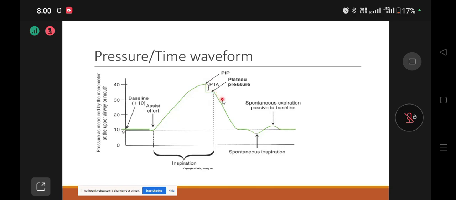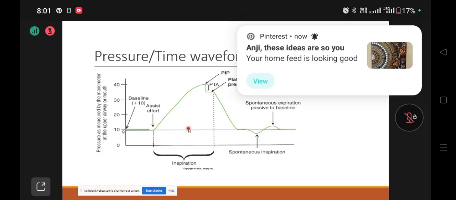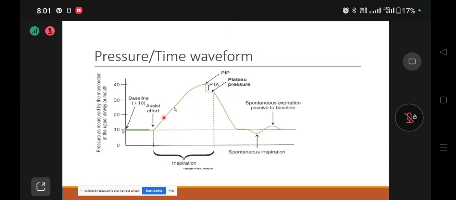And finally, it drops down, and this is a passive expiration. And again, a child takes a spontaneous inspiration, and then takes a small breath. So this is basically a prototype of what actually happens in a pressure time waveform when a child takes a breath and is assisted by the ventilator.